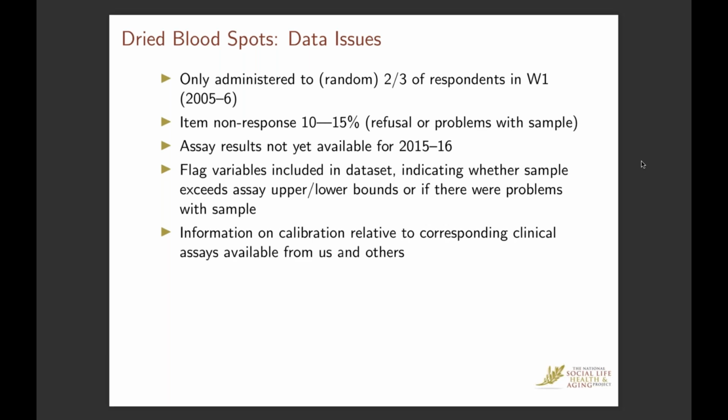You can use an ordinal logistic model in that case. There are a number of things that you can do. And these flags also indicate if there were problems with a sample. Generally, our QC on the blood measures is excellent, but in a few cases, there's an issue that pops up, and all of that metadata is preserved in the data set for the analyst to have.